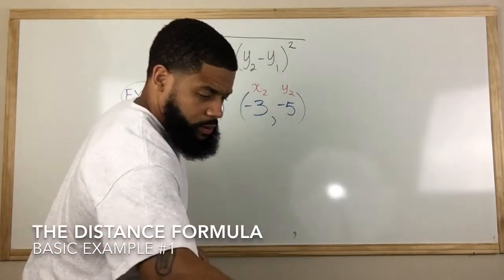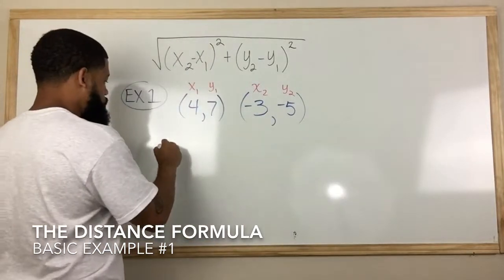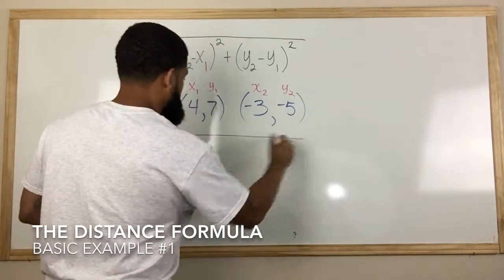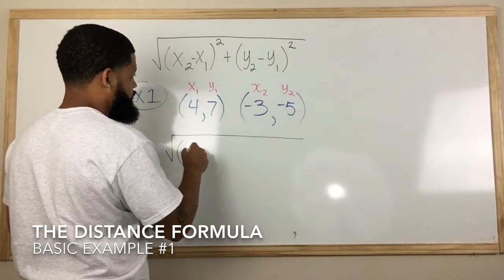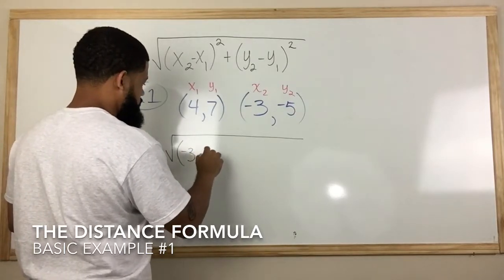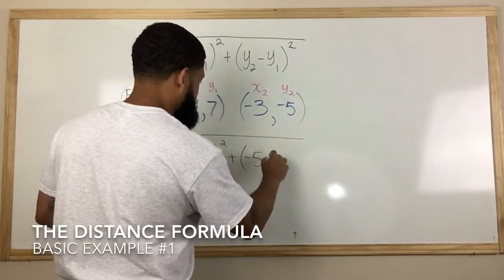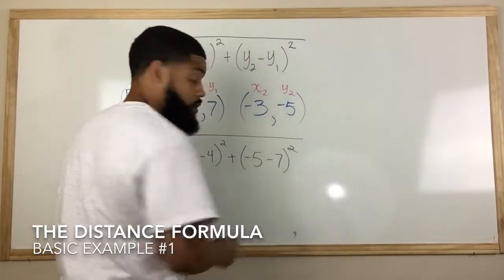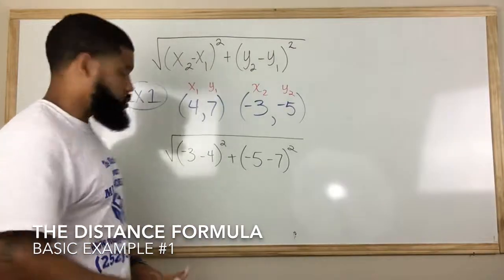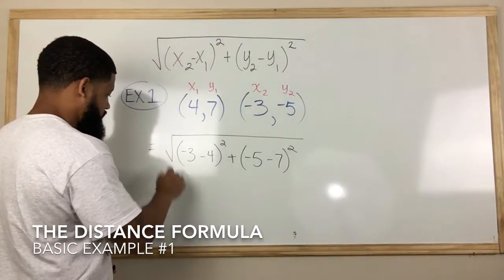So we have the square root of (-3 minus 4) squared plus (-5 minus 7) squared. All right, from there, we're just going to continue to simplify that.